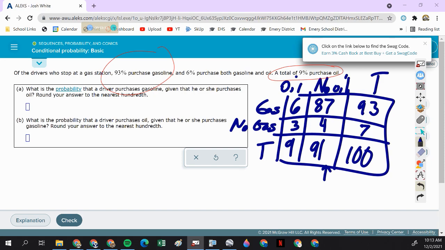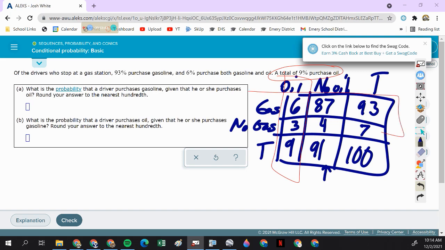Now that we have the two-way table set up, what is the probability that a driver purchases gasoline given that he or she bought oil? So we know that that person bought oil, which puts us in this column. How many of those people bought gas? 6 out of 9. Okay. What is the probability that a driver purchases oil given that he or she did buy gas?